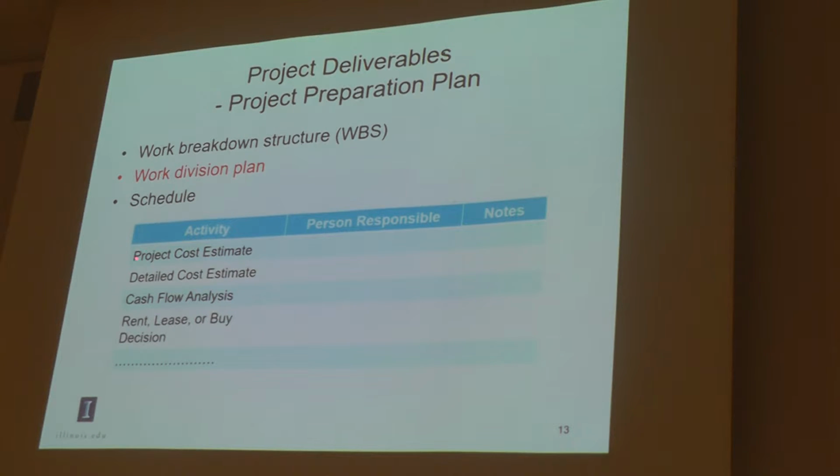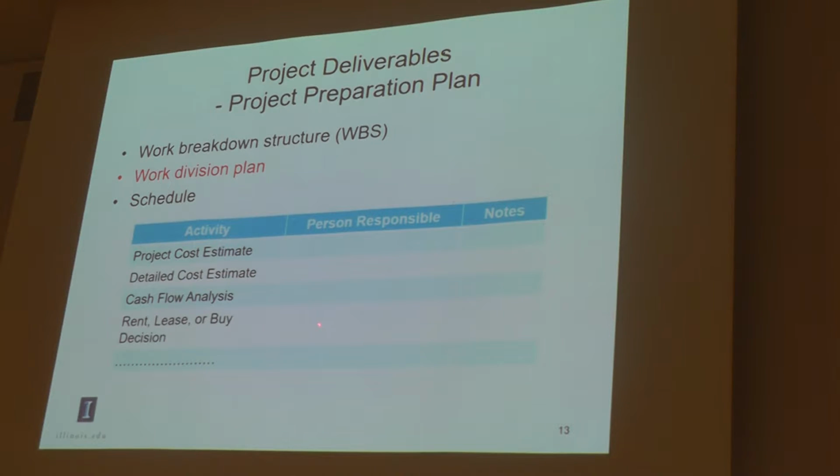For example, for the project cost estimate, member A and member B will be responsible for this, and you need to state the date or who will check their work. You need to assign a person to each activity.